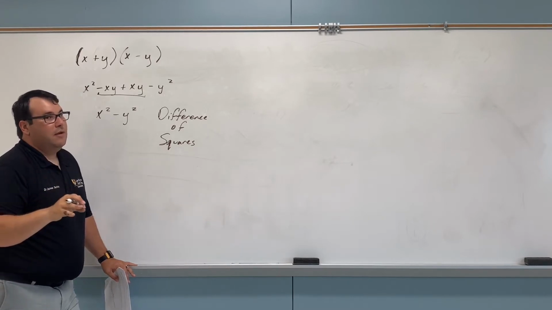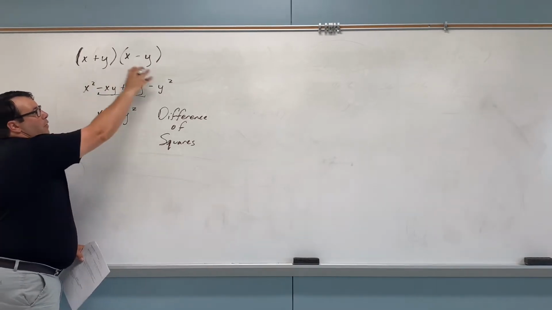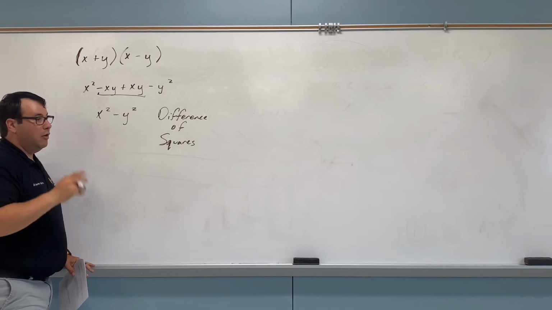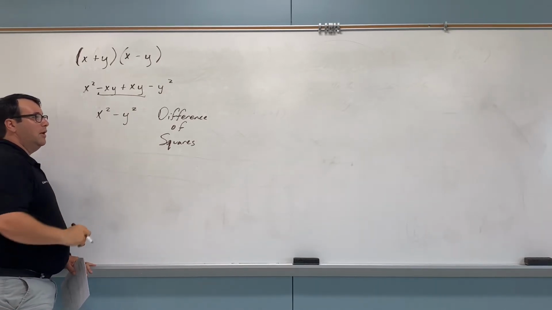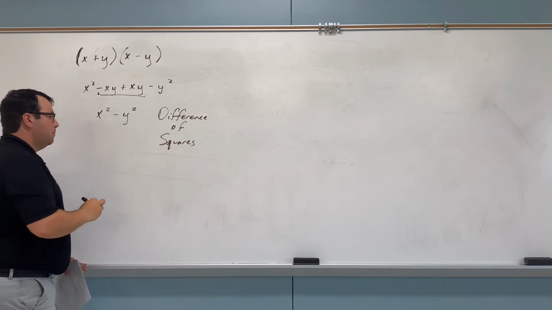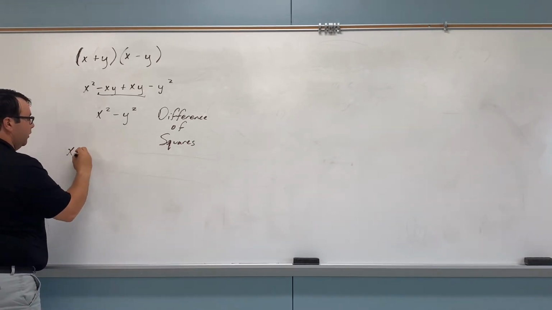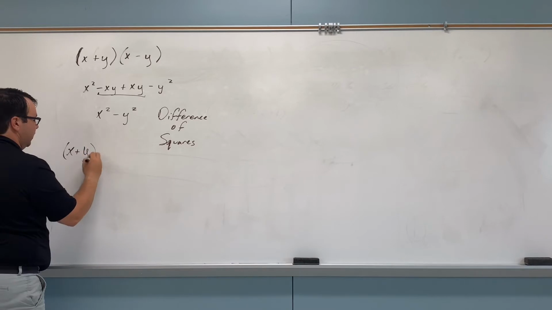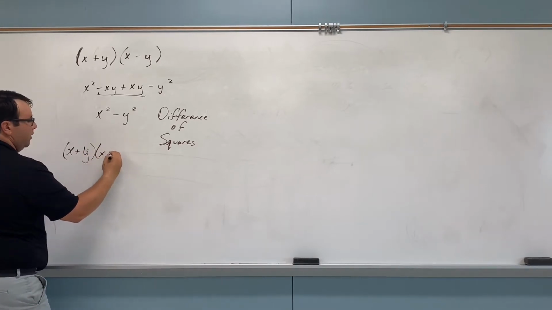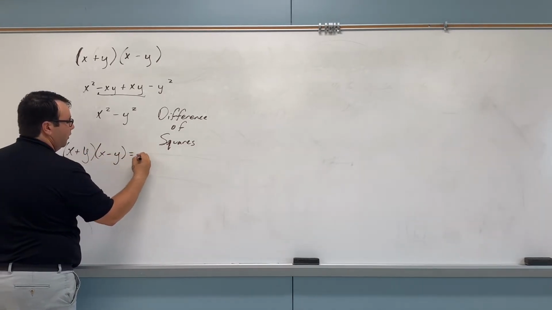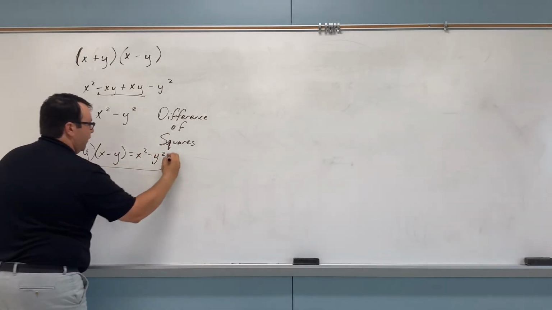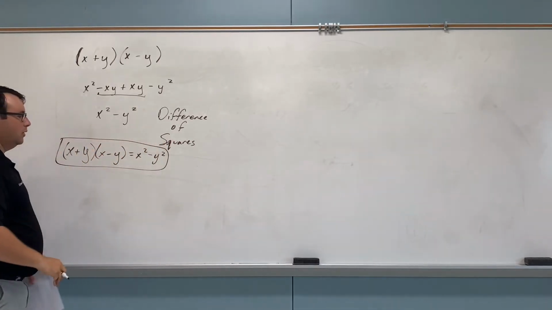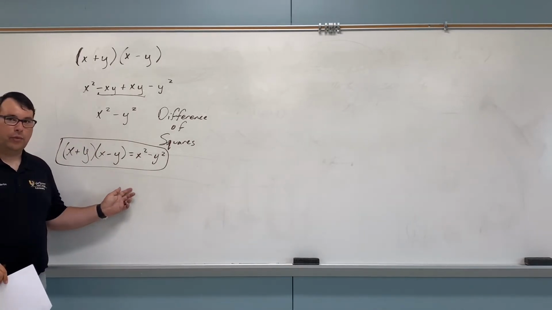What that means is you can skip the multiplication step because you know those middle terms will cancel out, and you can go straight to a definition. The definition being, to simplify what we've just done, x plus y times x minus y will always come out to x squared minus y squared. This is your actual definition for the difference of squares.